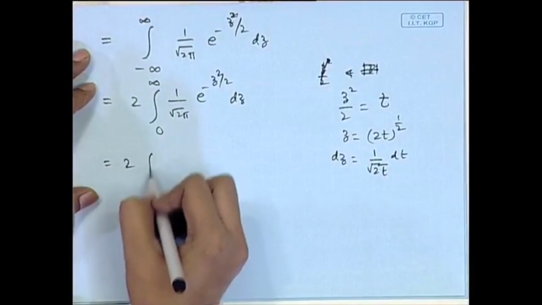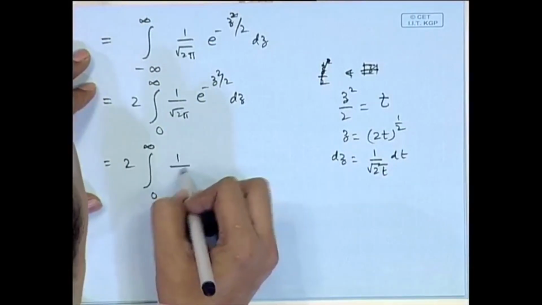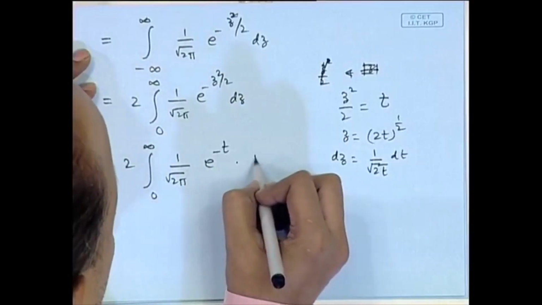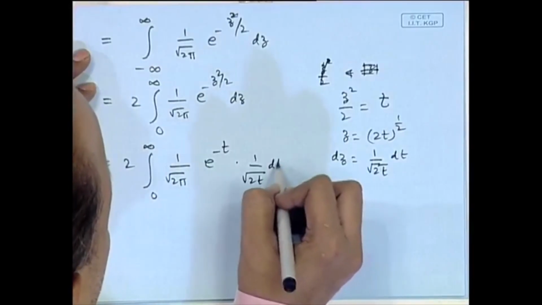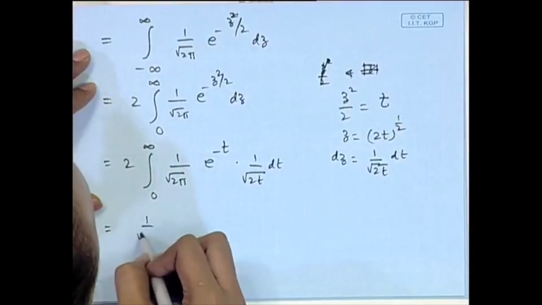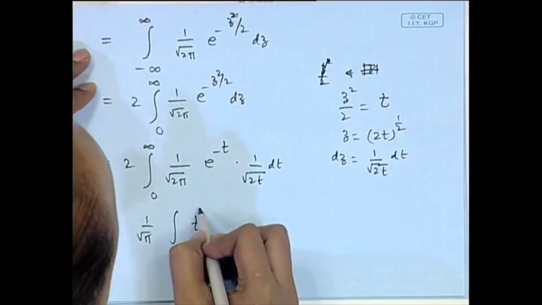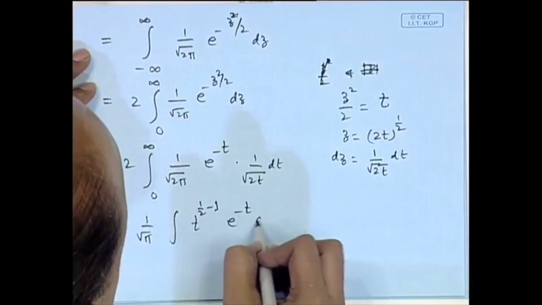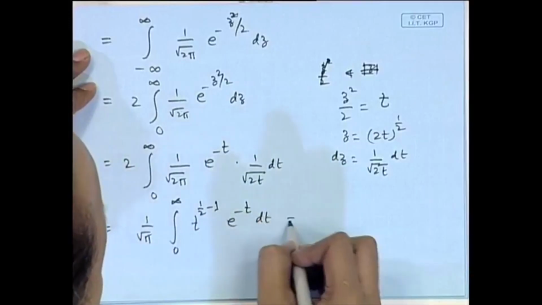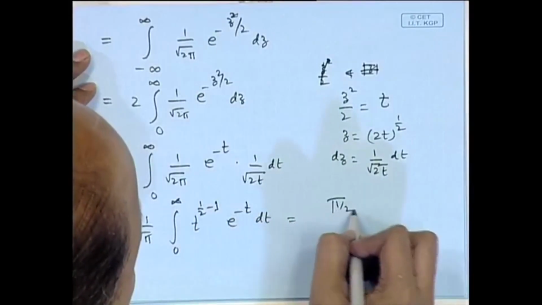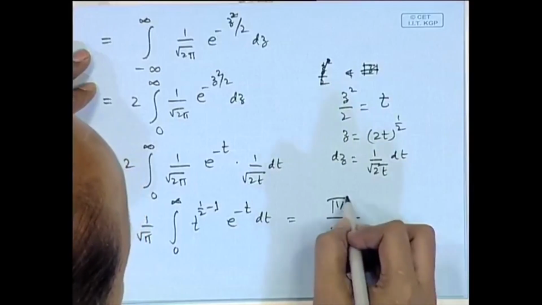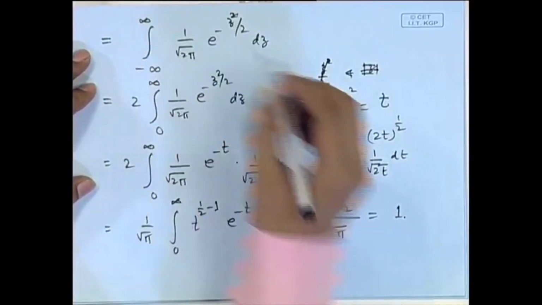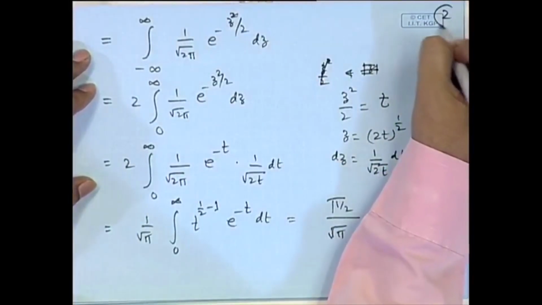So, this becomes the integral from 0 to infinity of 1 by root 2 pi e to the power minus t, 1 by root 2t dt, that is equal to 1 by root pi, t to the power half minus 1 e to the power minus t dt, which is nothing but gamma half by root pi. Now, gamma half is root pi. So, this is equal to 1. So, this is a proper probability density function.